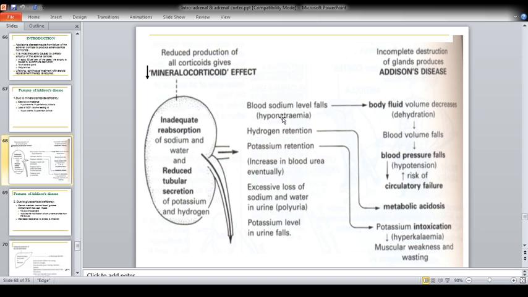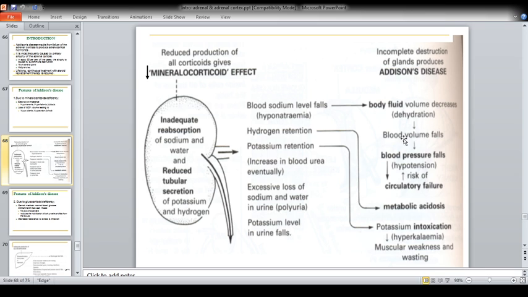So what happens if blood sodium level falls or hyponatremia occurs? It would cause the water to follow the sodium outside the body. So body fluid volume would decrease, which would cause dehydration.